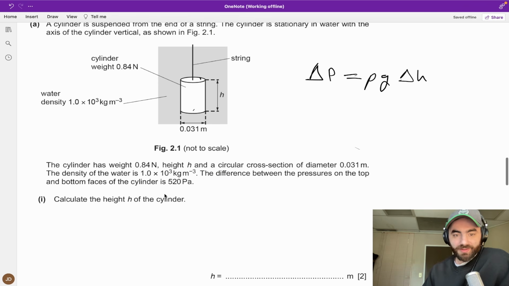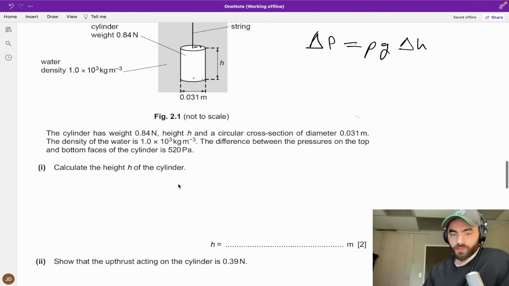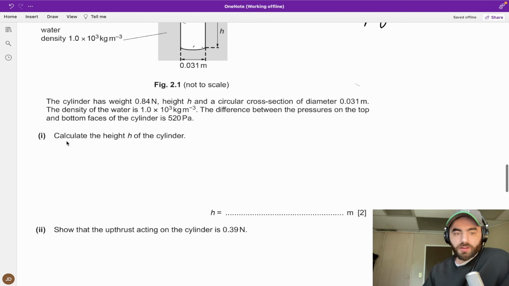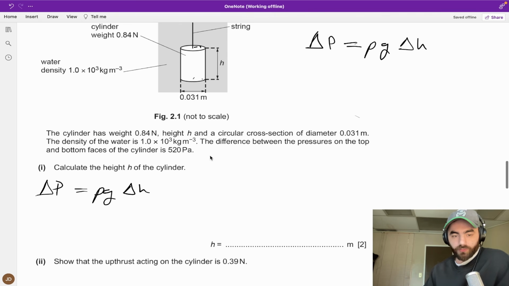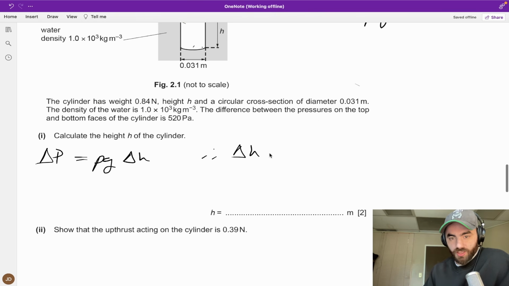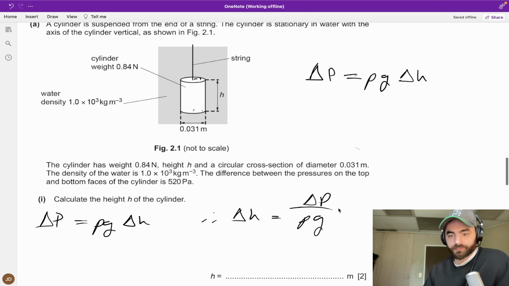The change in pressure between the top and the bottom is 520. Calculate the height. Well, change in P equals rho g change in h, which I proved just before. So therefore, change in h equals change in P over rho g.